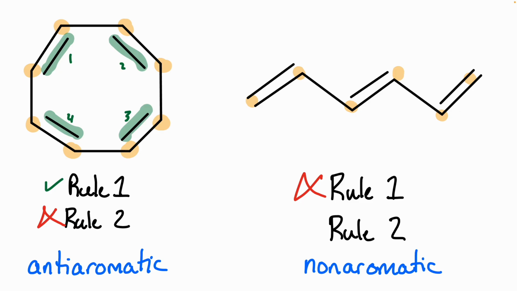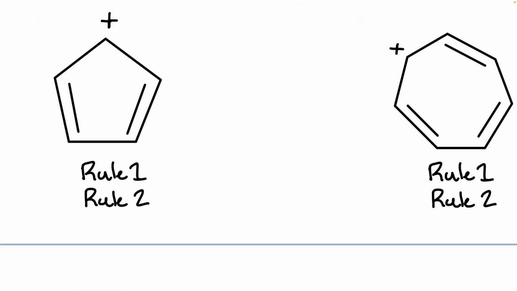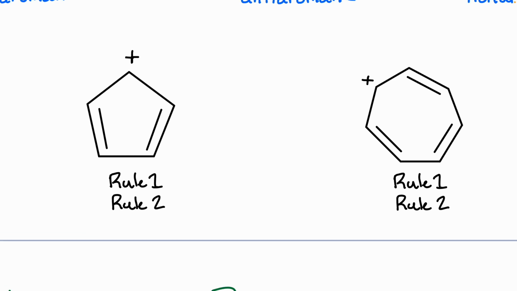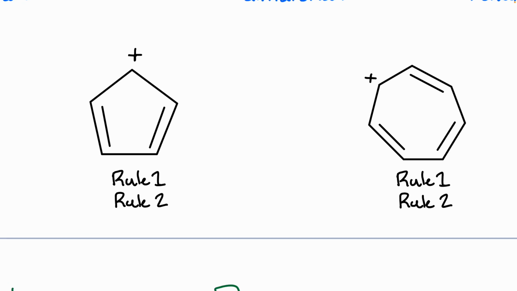All right, so now these next two examples have these carbocations. How do we deal with carbocations? We're going to do the same two rules. We're going to figure out whether we have this fully conjugated ring. If we look over here, we know that these are all sp2 hybridized carbons because of those double bonds. But what about this carbocation here?